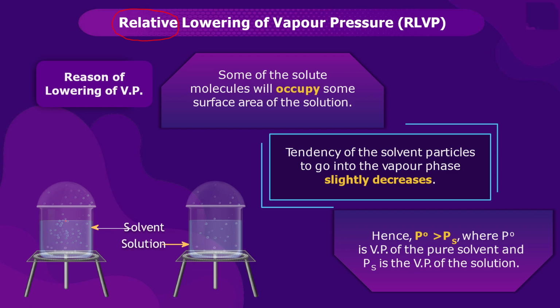Here we are taking pure solvent. Pure solvent means only solvent molecules are present, right? In this, a large number of solvent molecules are vaporized. If only solvent is present, vapor molecules will increase.